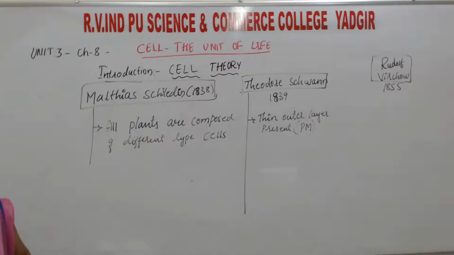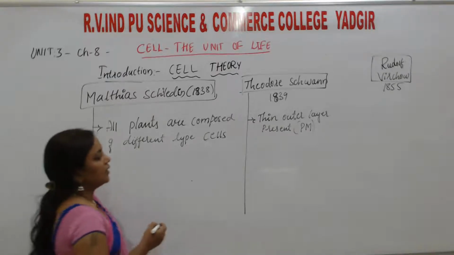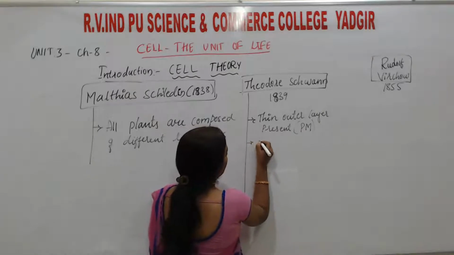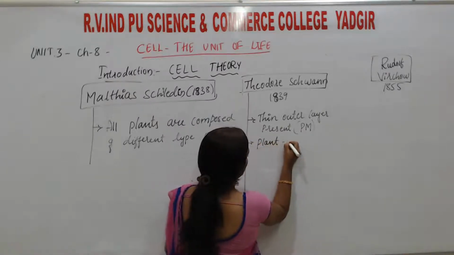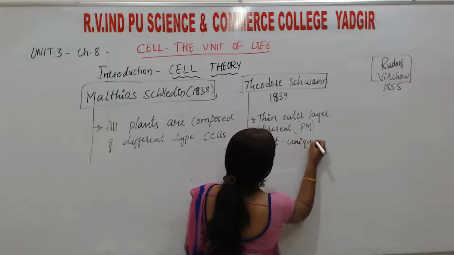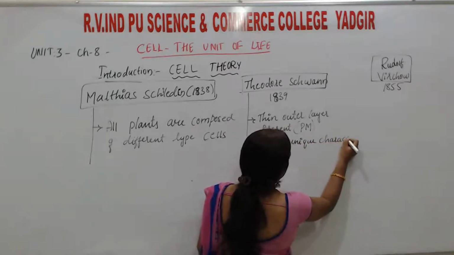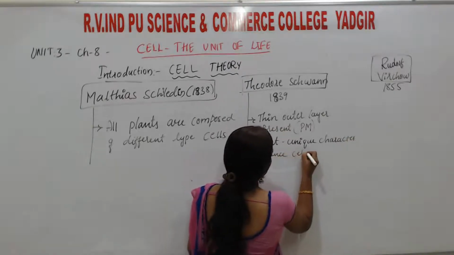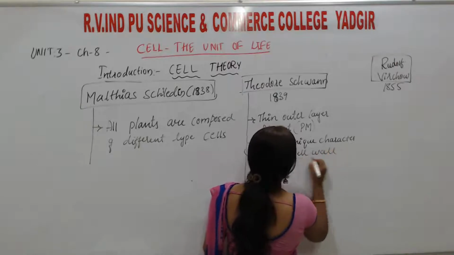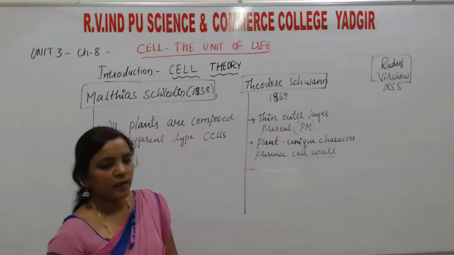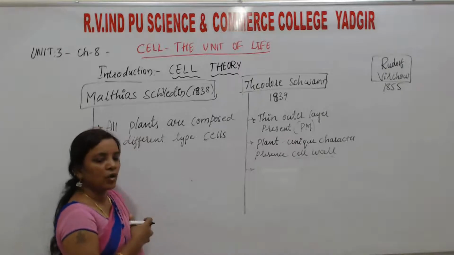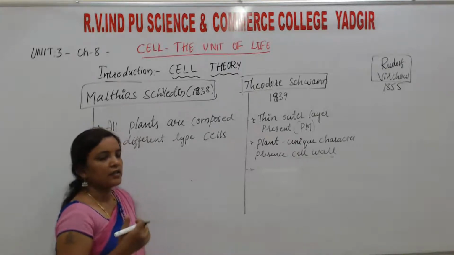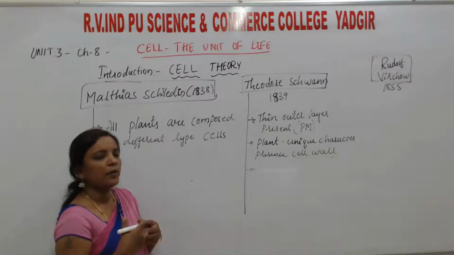So again, according to Schwann, the plant cell has a unique character. What is that unique character? The presence of a cell wall. Especially plants have a cell wall. Yes, he was correct, because in plants we can see the cell wall, which is a unique character playing a very important role.